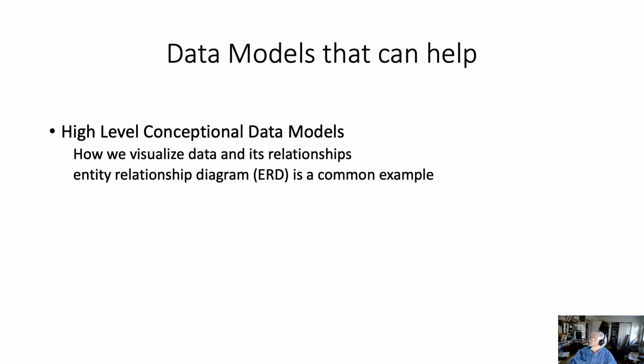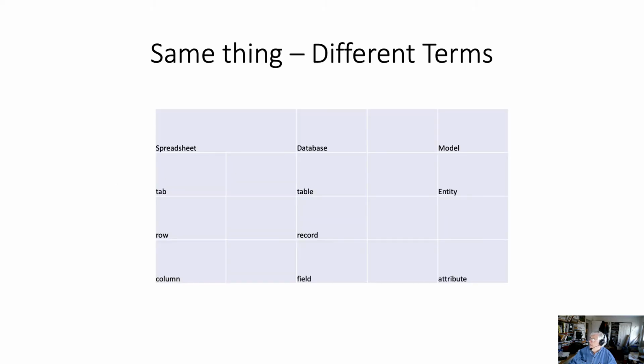Data models we use for conceptual data design to help us visualize the data and its relationships. An entity relationship diagram, or ERD, is a common example. In those, we have models, entities, and attributes. But an attribute is simply a field, which would be a column in your spreadsheet.